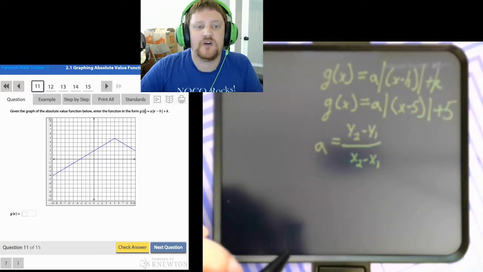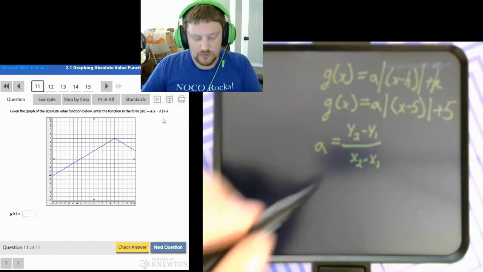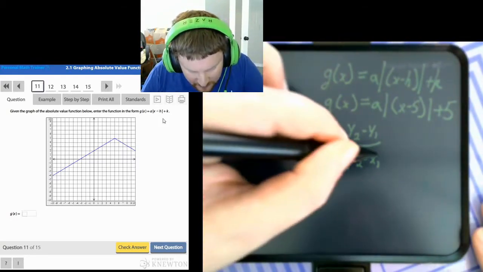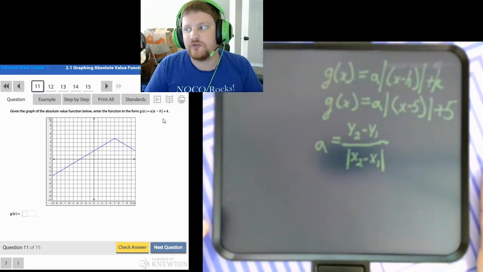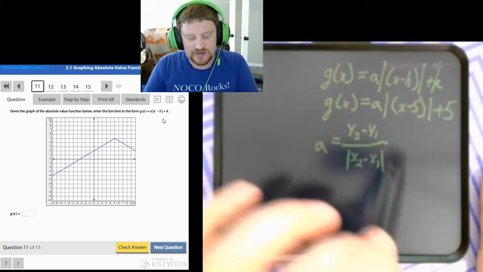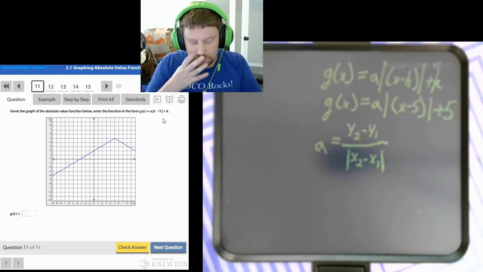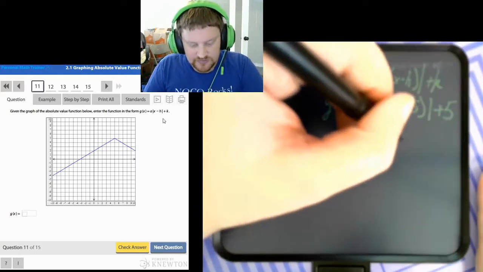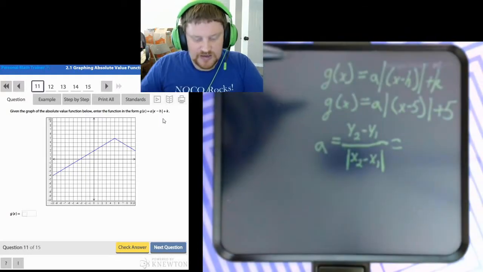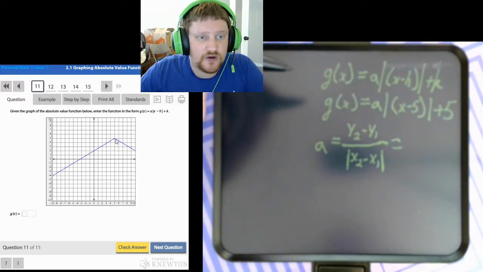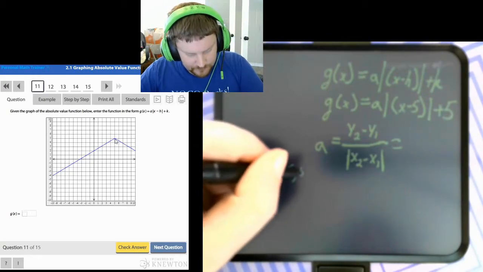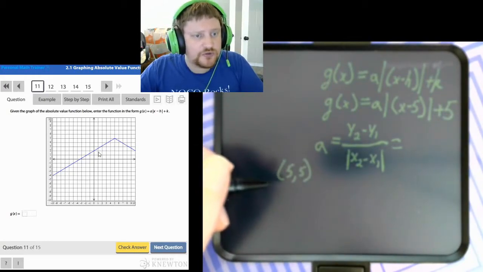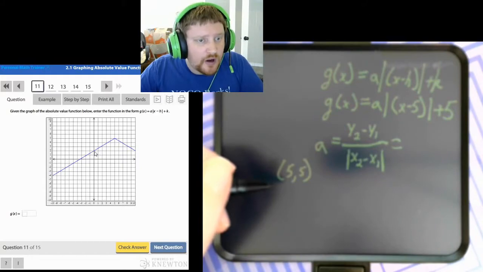So our parent function is absolute value. So we're actually going to have an absolute value sign on the bottom. We'll be doing this more in the future with all the different equations. But for now, we can just leave it at this. And I still think that we should use our vertex, which was 5, 5, and we should use our other point, which was 0, 2.